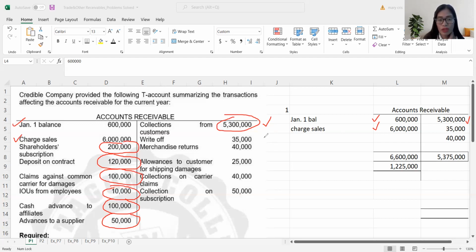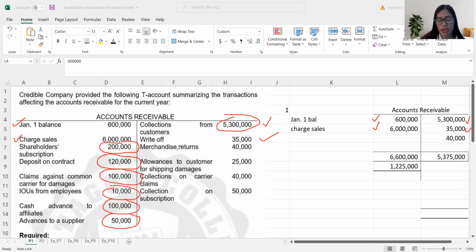So kung write-off ito, most probably yung entry natin pag under sa allowance method would include a debit to allowance for doubtful accounts and a credit to accounts receivable. So meaning if there is a write-off, your accounts receivable is really affected. So let us consider that. Now let's take that here na 35,000.